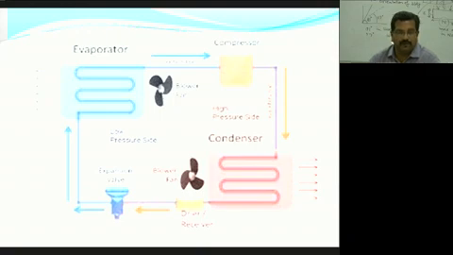To control the airflow, we have two fans. One fan will blow air towards the condenser and one fan will blow air towards the evaporator. So this is the basic diagram for an air conditioning system.